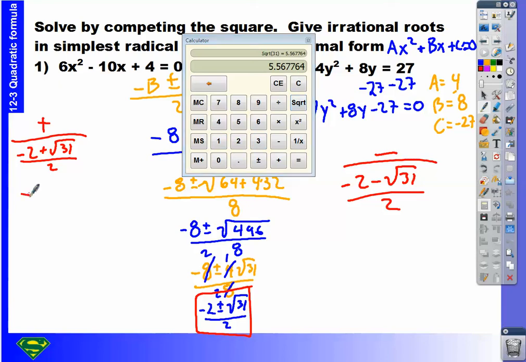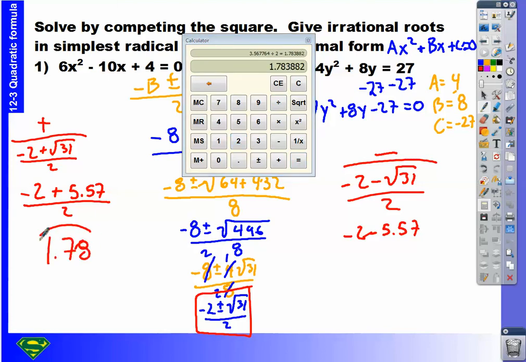So we have negative 2 plus 5.57, rounding to the nearest hundredth, divided by 2. Over here we have negative 2 minus 5.57. So then subtract 2 and divide by 2. So over here we get 1.78.